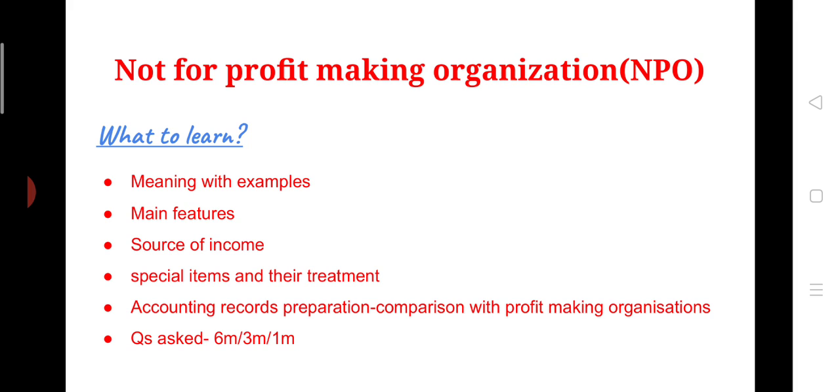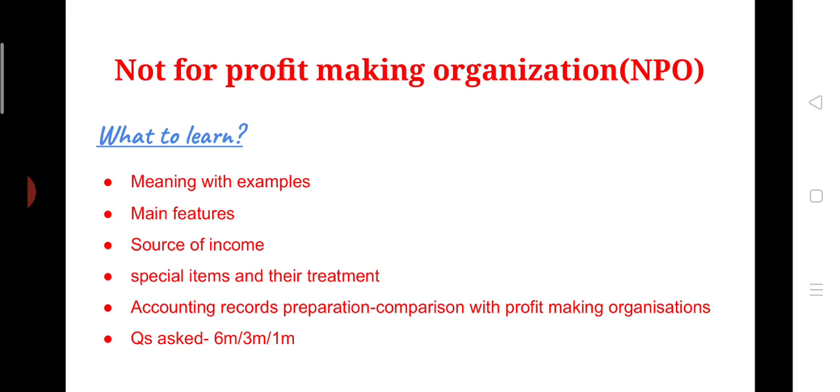Okay, so what should we learn in this topic? From the examination point of view also we will see. We have to see the meaning with example. These are all theory part. We start with the theory and some questions will come from the theory part also in the exam.